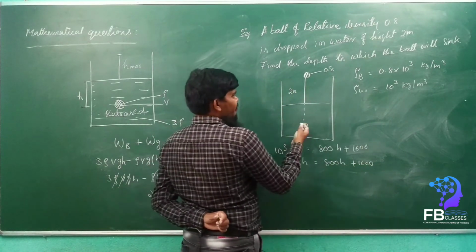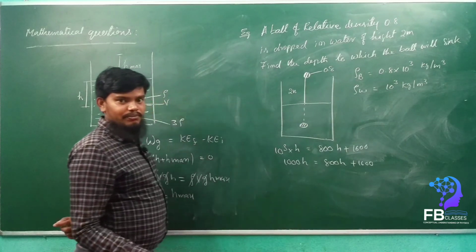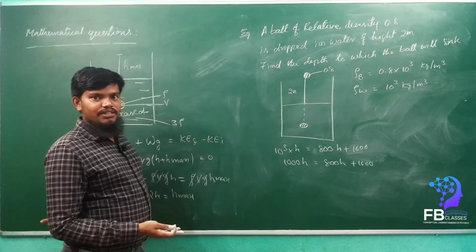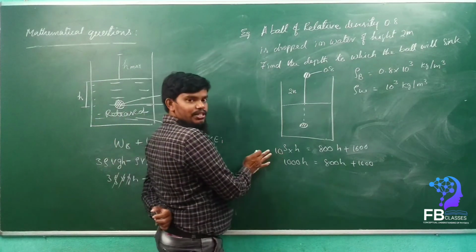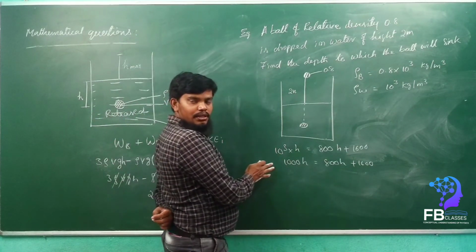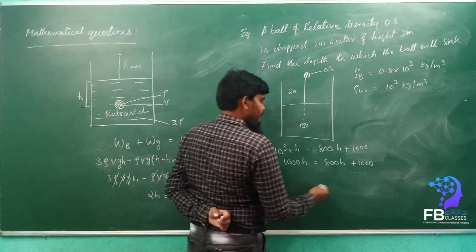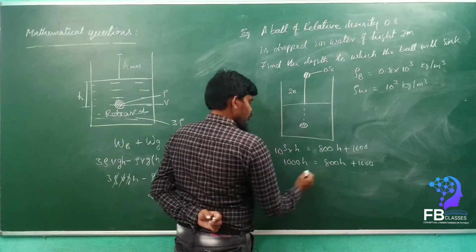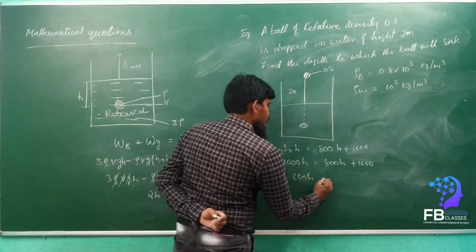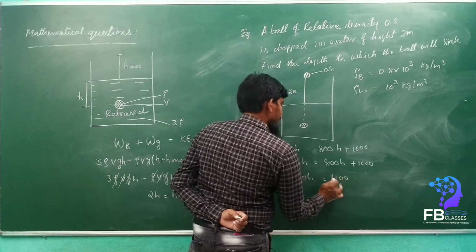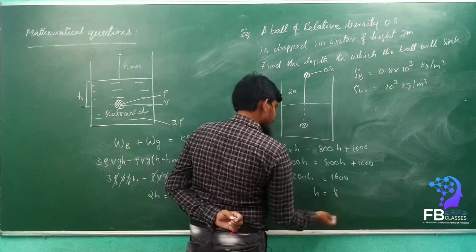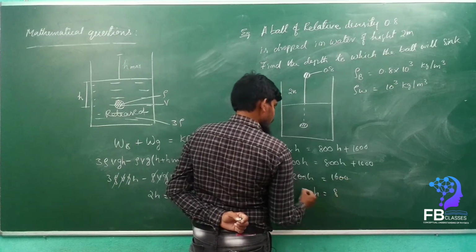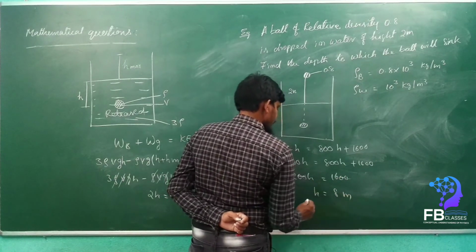Because g gets cancelled and V also gets cancelled, the same values are on both sides. Do you understand this step? Yes, sir. So now this is 200 h is equal to 1600, and h is equal to 8 meters. The 0s get cancelled: 200 times 8 is 1600. 8 meters. Simple answer.